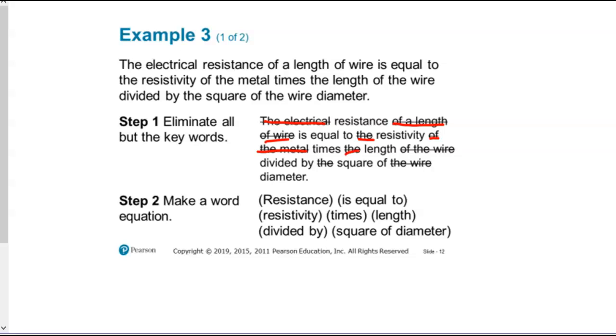The length, in this case, this is a measure, divided by square, which, remember, square actually means something in this, and we covered that in chapter 2. And the square of the diameter. And so we can say our word equation is going to be the resistance is equal to the resistivity times the length divided by the square of diameter.